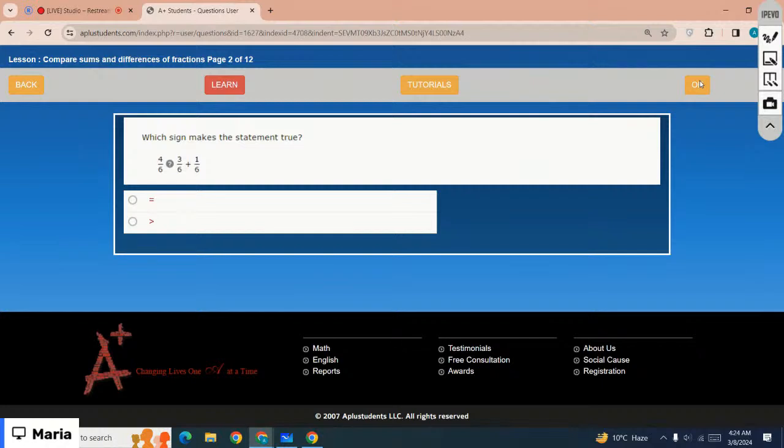Yes, they both are exactly equal, right? Because 3 plus 1 is 4. On the other side, it is also 4 over 6, right?